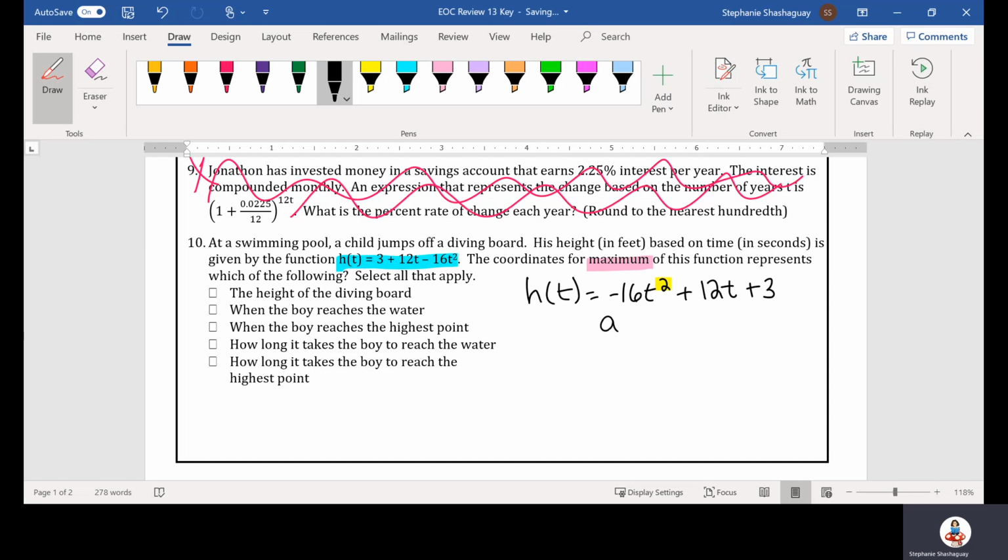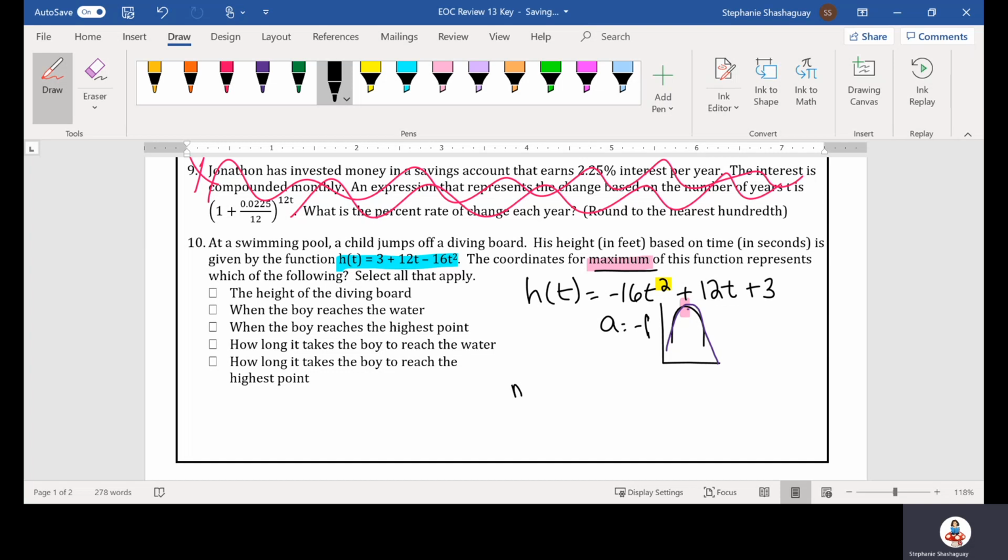So this, if my a term is negative, I know that I'm opening down, and I could determine that because of this word maximum. So envision a child jumping off a diving board, going up and then coming down. So what is this maximum value telling you?